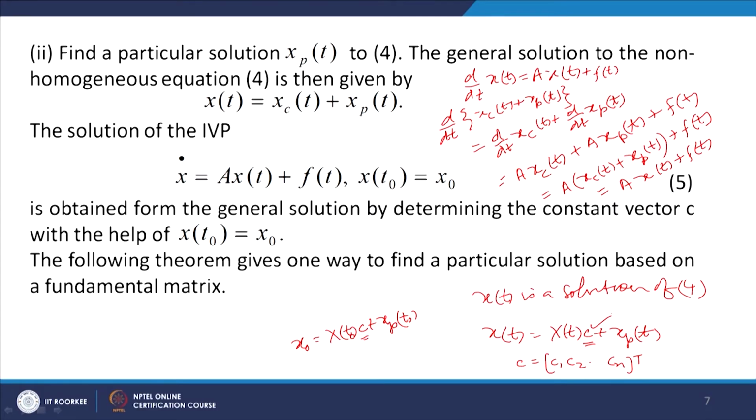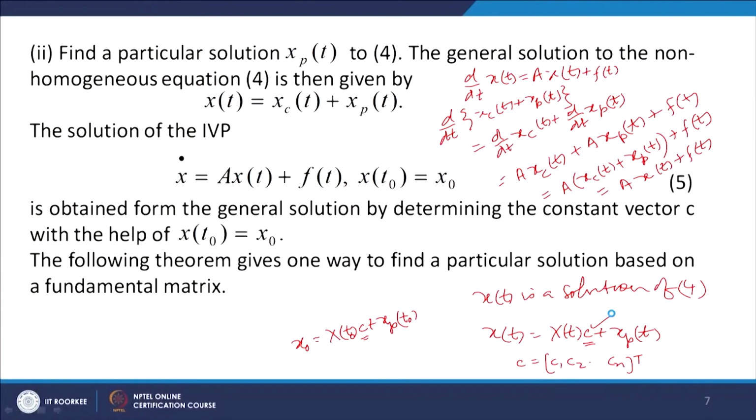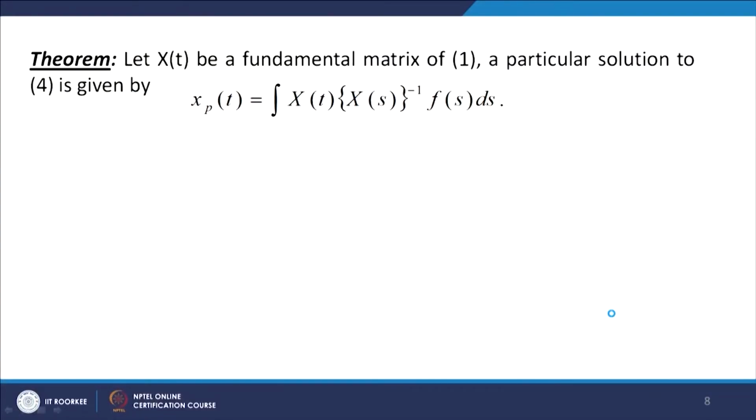Now, the question arises how we find a particular solution of the system 4. So, we state a formula for this particular solution of system 4. Let X t be a fundamental matrix. In order to find a particular solution to the system 4, we need to know a fundamental matrix of 4.